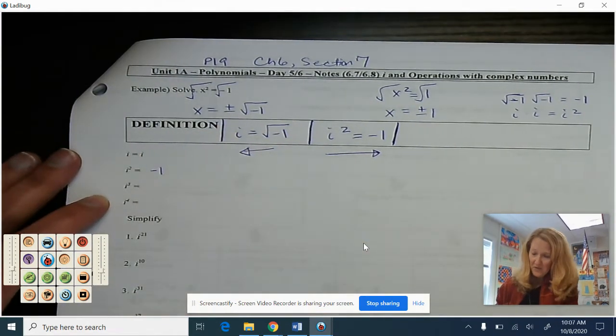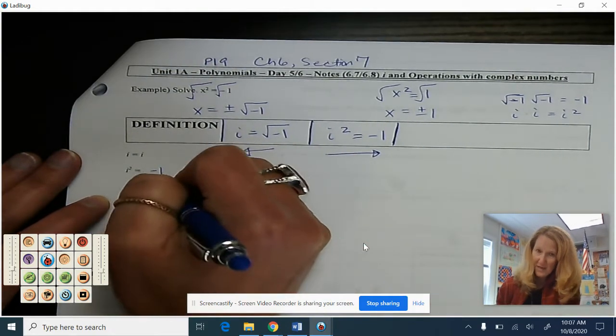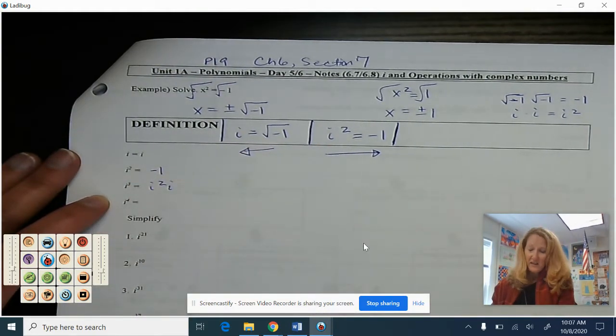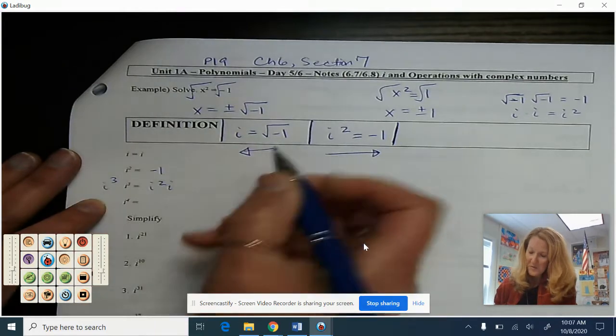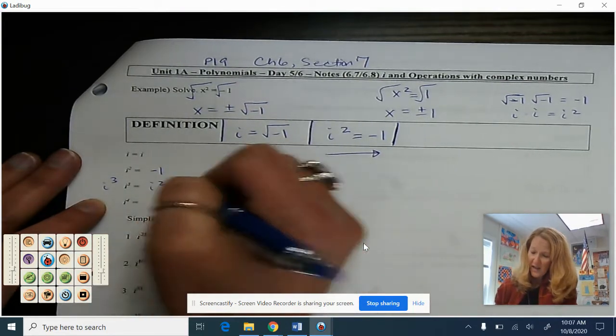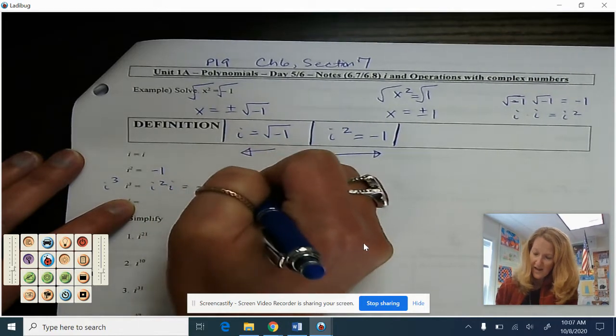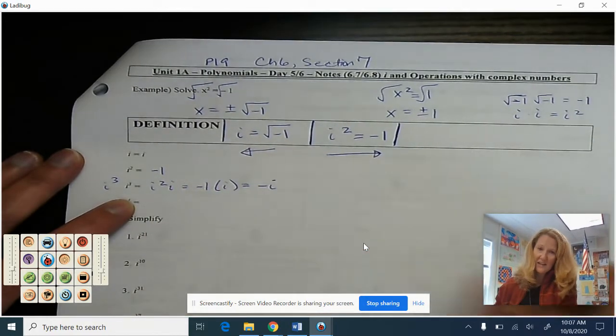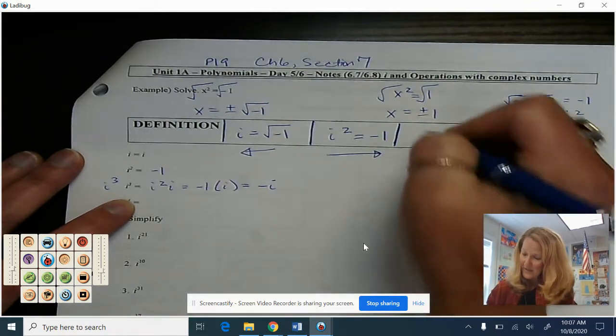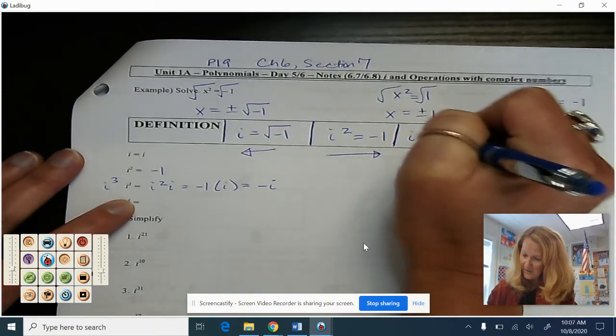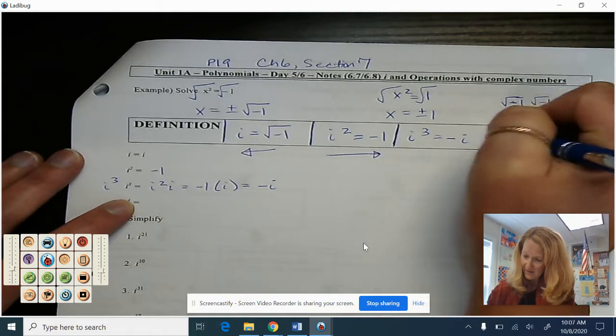i cubed could be i squared times i. So if i squared is -1 and you're multiplying that by i, you're going to get -i. So that means i cubed equals -i.